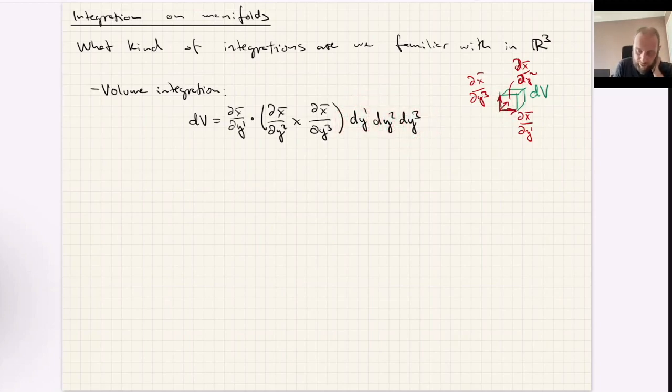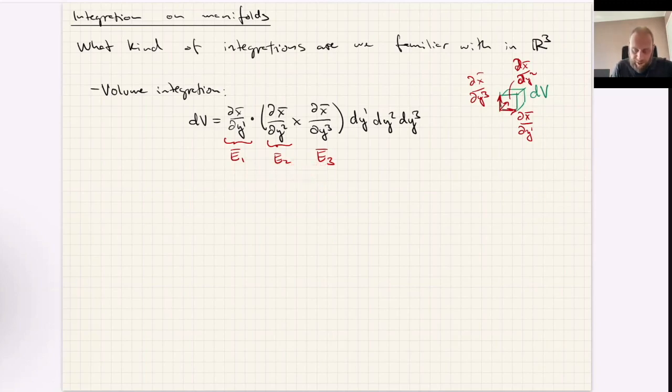So these are, by definition, the E1, E2, E3 that we have been talking about. And what I want you to focus on here is the fact that whatever is in front of these differentials, that triple product, is completely antisymmetric, right? If I change the position of E1 and E2, I get a minus sign. If I change the position of E2 and E3, I get a minus sign.